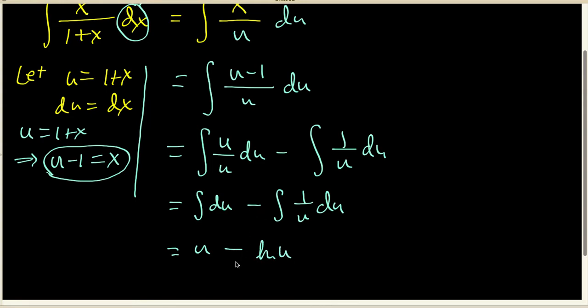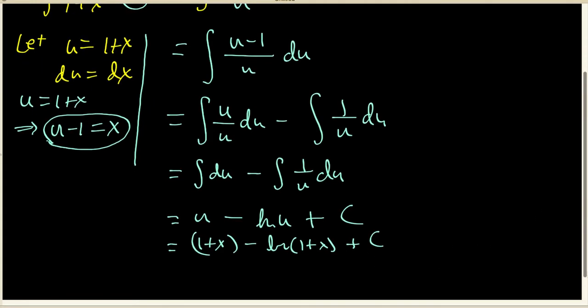And I have that minus sign that connects these two things, plus any constant that I want to add. Now, to get back to x's, it's a matter of recognizing that u is equal to 1 plus x. So we're going to have 1 plus x minus the log of 1 plus x plus any constant that I want to add.